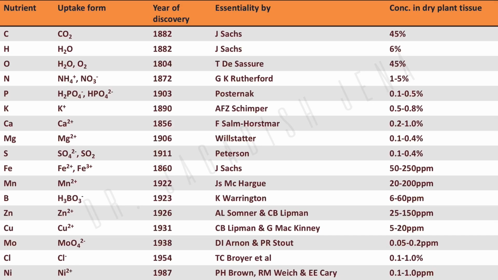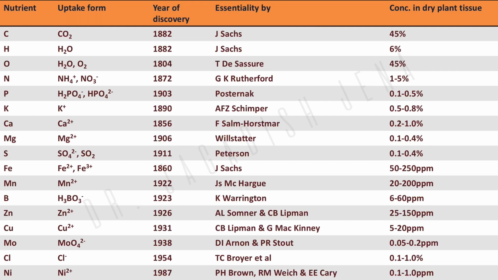The answer is no. So basically we'll discuss here what the essential nutrients are, what their form of uptake is, who discovered the essentiality, and their concentration in the plant system. So you can get an overall idea of how much nutrient the plant needs, the optimum nutrient concentration.